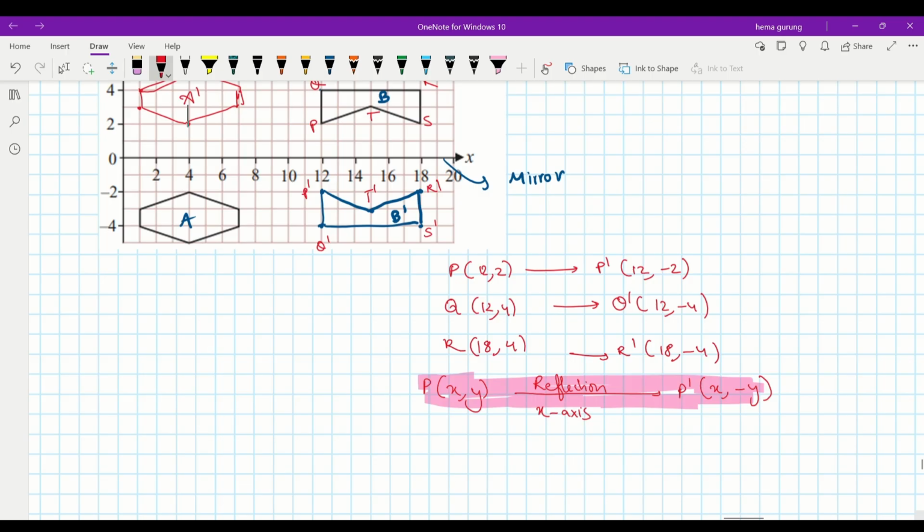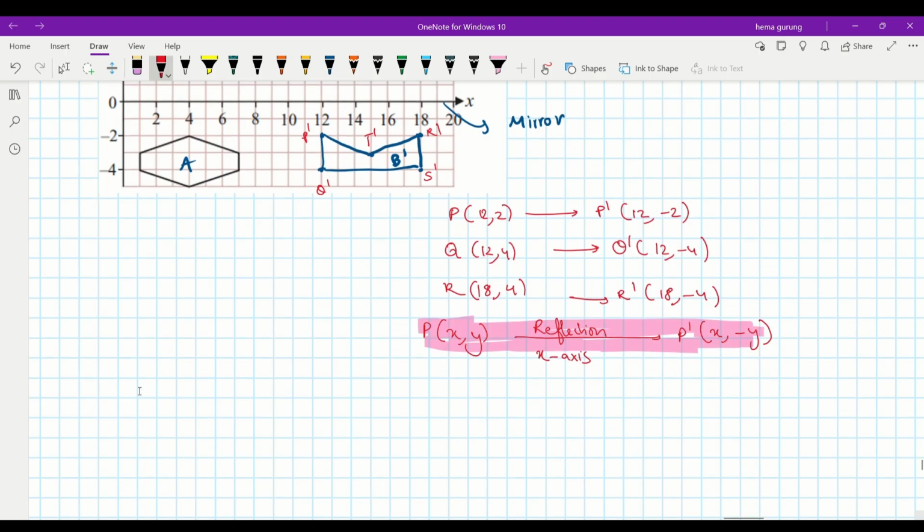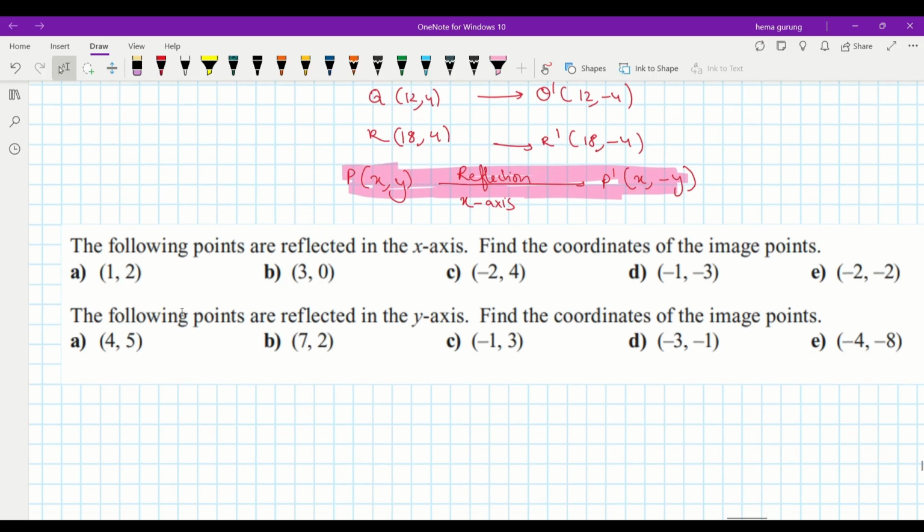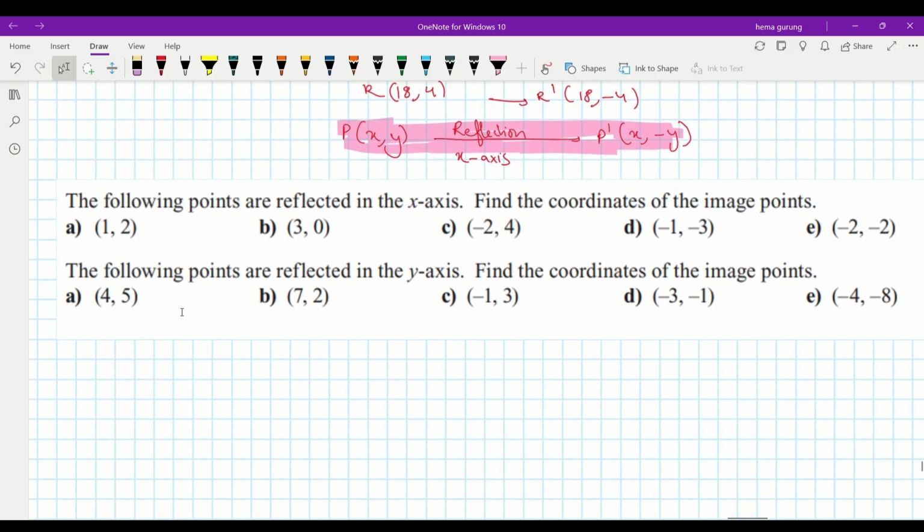Now we'll try a few questions where we don't have the images but the direct question. Let's see, do you remember the rule or not? First one, we have to reflect in the x-axis and find the coordinates of the image points. So what's the rule? It will be x remains the same in the x-axis, and y becomes negative.